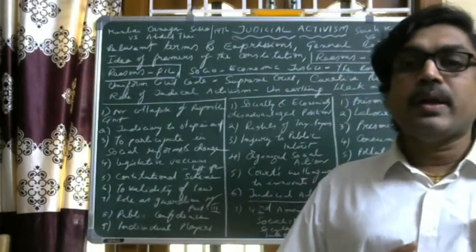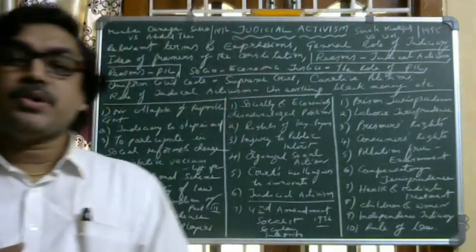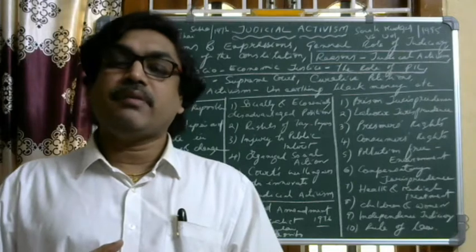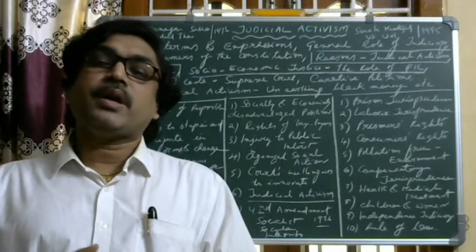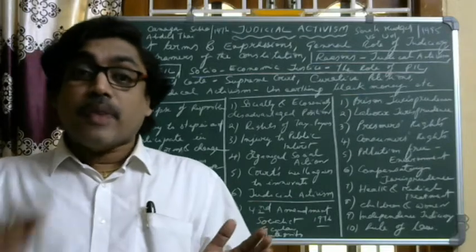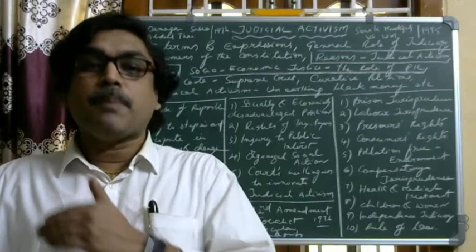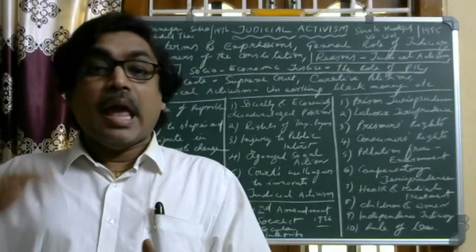And the last one is the 42nd Amendment, which is known as the Constitution Act 1976, is also one of the reasons for emergence of public interest litigation in India, because the main aim of this 42nd Amendment is to reduce the powers of the Supreme Court.